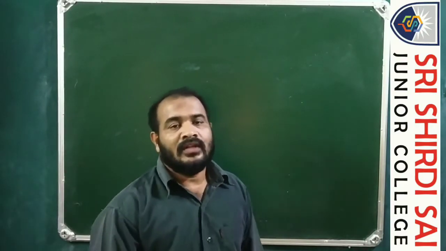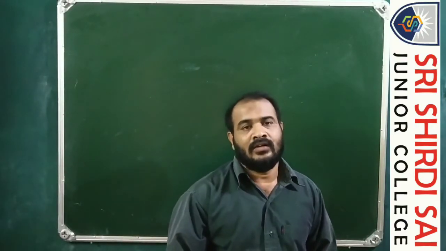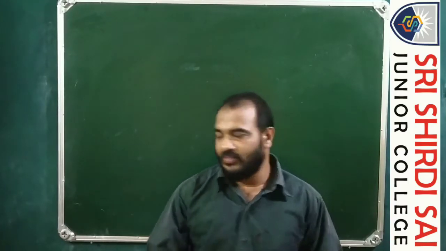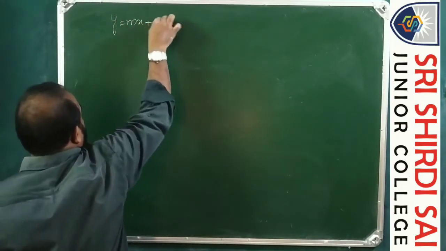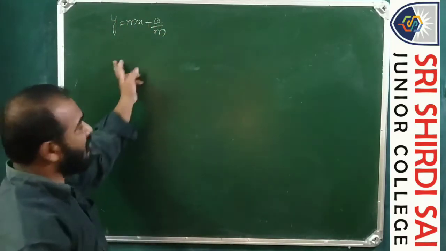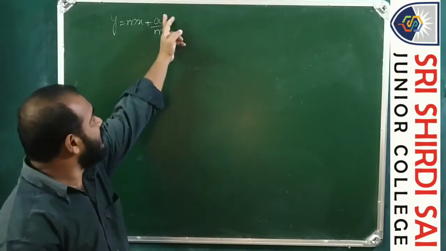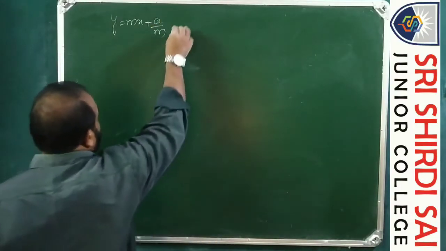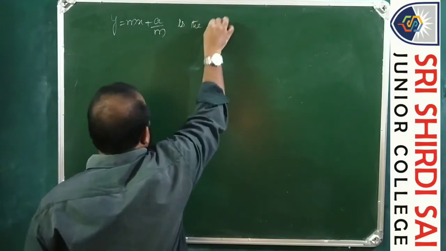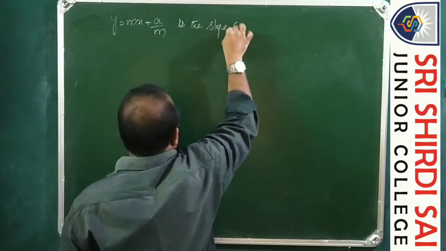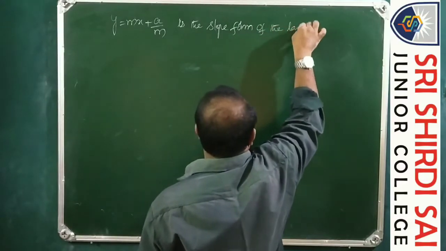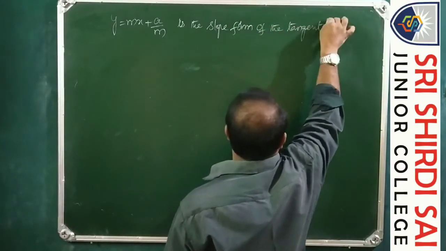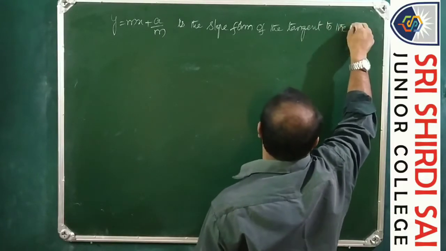Now the equation of the tangent to the parabola y square equals 4ax in its slope form is y equals mx plus a by m. How do we get this? y equals mx plus c, c equals a by m is the slope form of the tangent to the parabola.